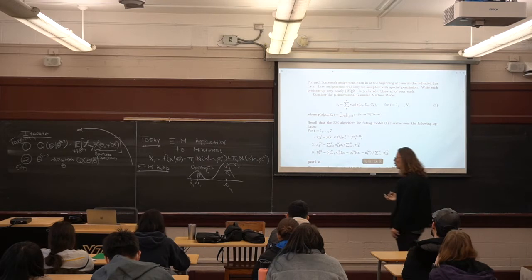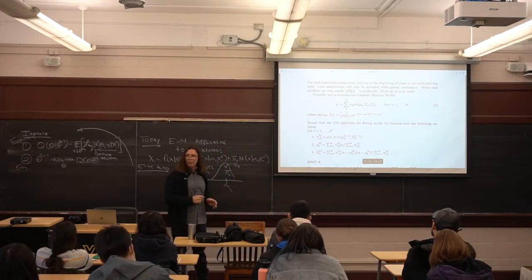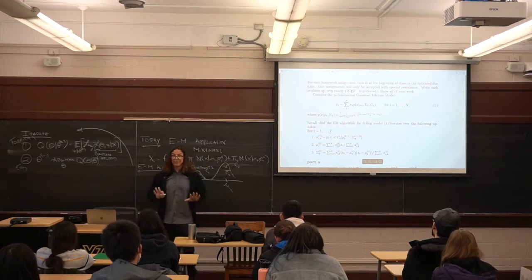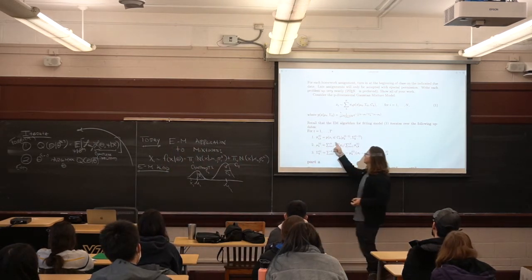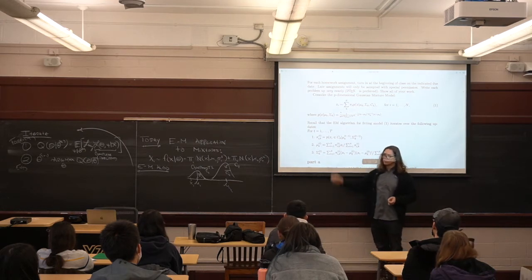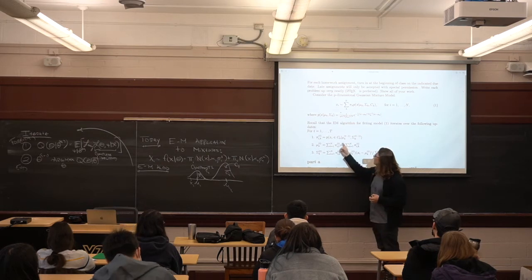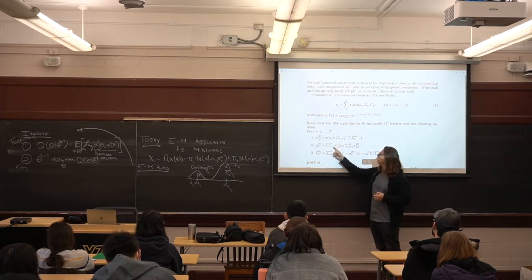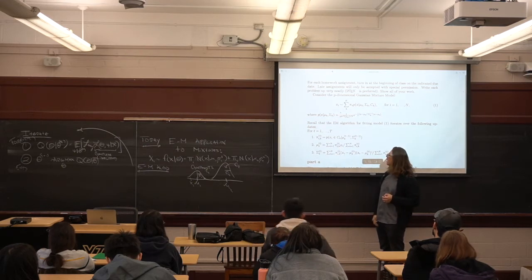So if I knew exactly which components everything came from, and there was no uncertainty, if I gave you the labels, then these probabilities would be 1s and 0s. So I would know exactly which one came from what. So what would this be right here? This would be 1 when it came from component 1 and 0 otherwise.